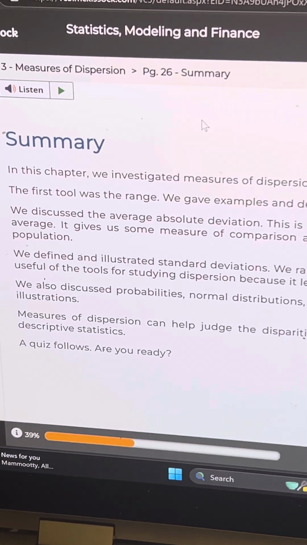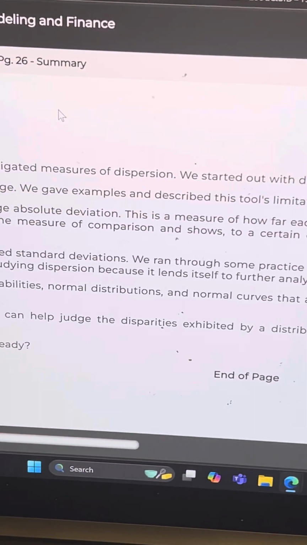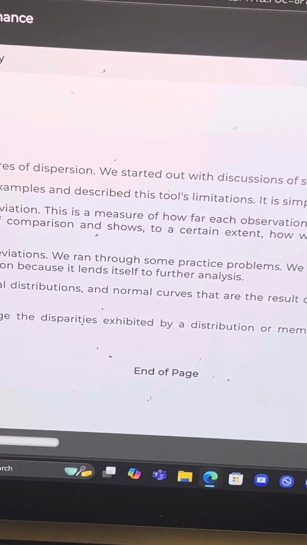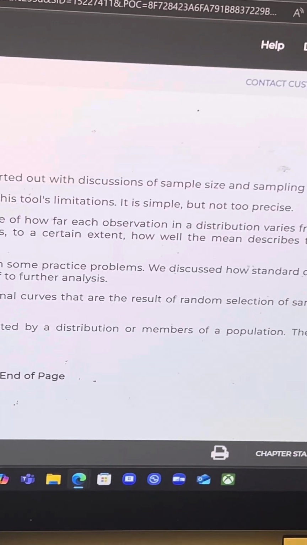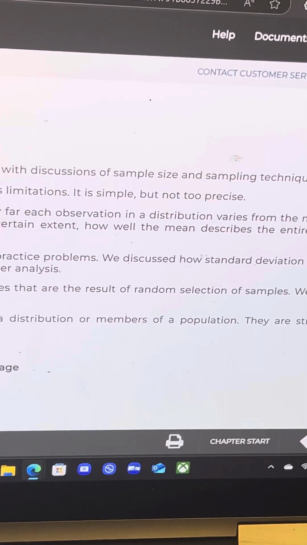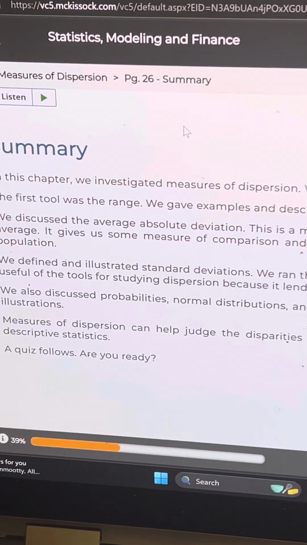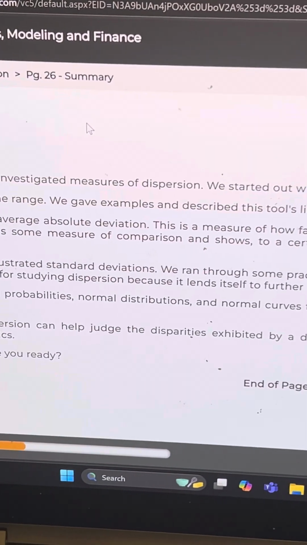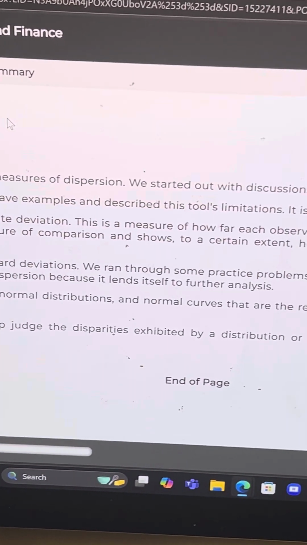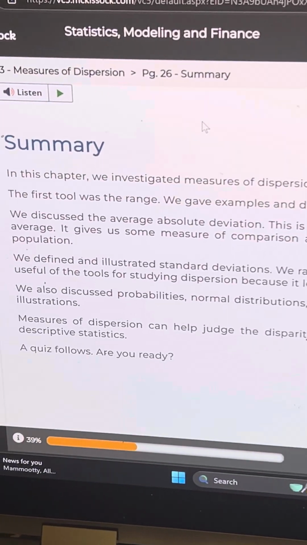We defined and illustrated standard deviations. We ran through some practice problems. We discussed how standard deviation is the most useful of the tools for studying dispersion because it lends itself to further analysis.